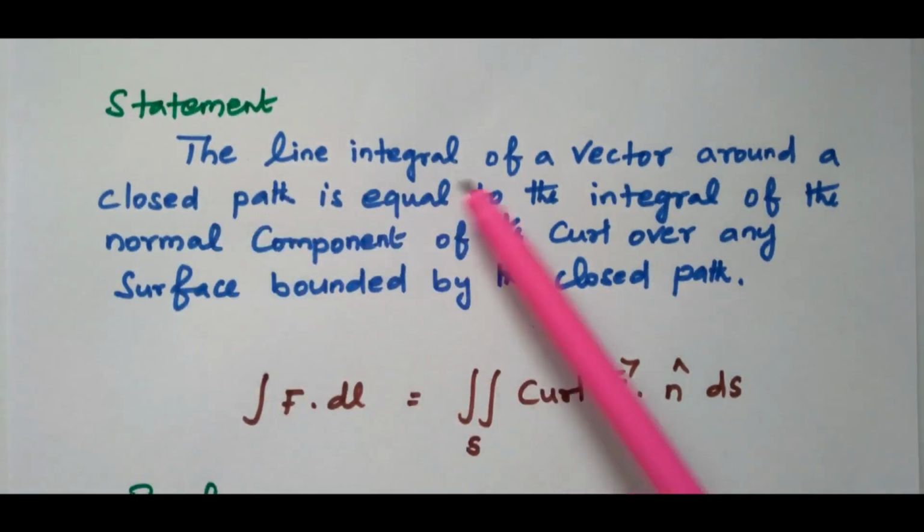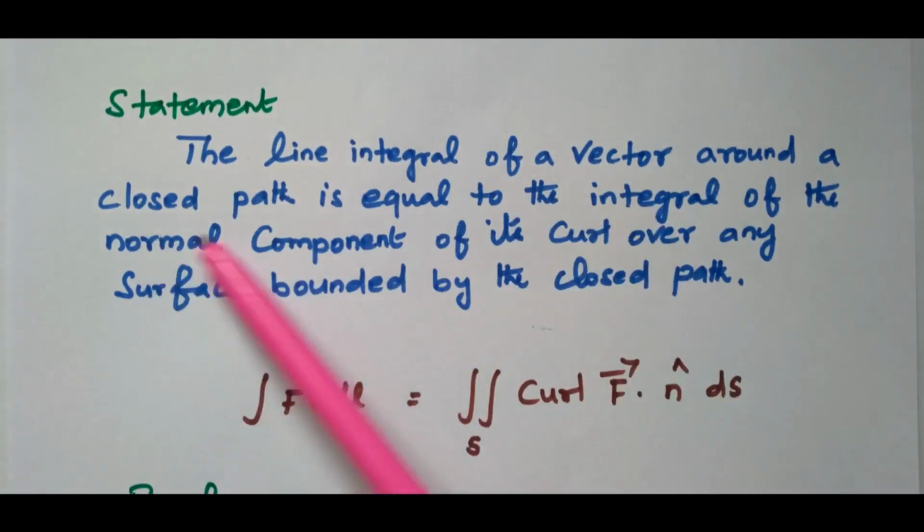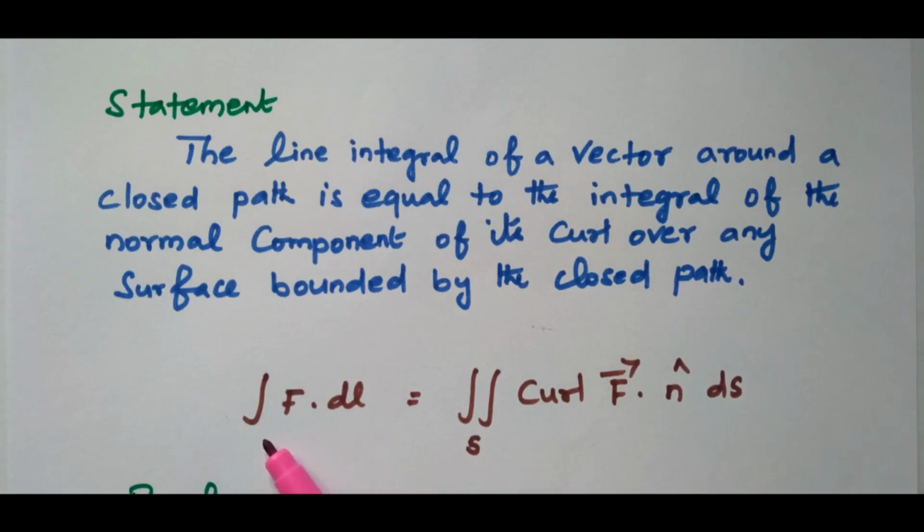The Stokes theorem, first we'll see the statement. The line integral of a vector around a closed path, so this is the line integral of f dot dl, is equal to the integral of the normal component of its curl over any surface bounded by the closed path. Right.